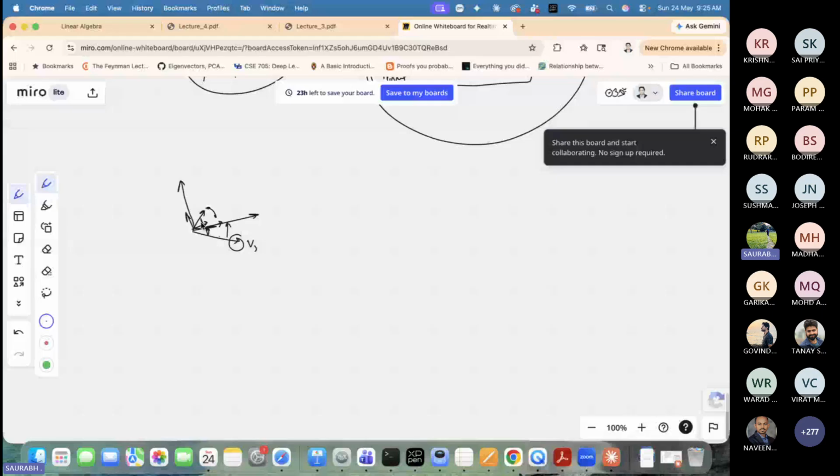You want to find out how to make this third vector v3 perpendicular to the first two. Hence, this was the U1 we got, this was the U2 we got. Hence, we rotated it in such a way that it becomes perpendicular to the first two perpendicular vectors.